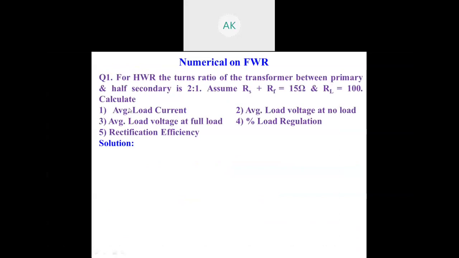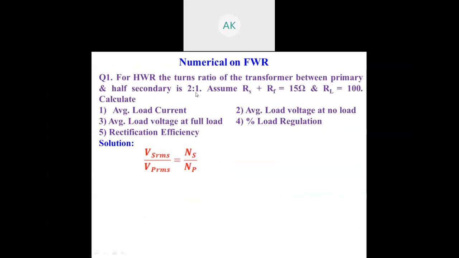Calculate the average load current, the average load voltage at no load, the average load voltage at full load, and the voltage regulation.